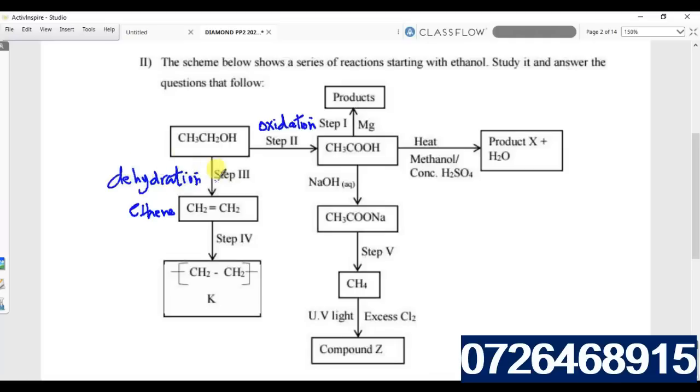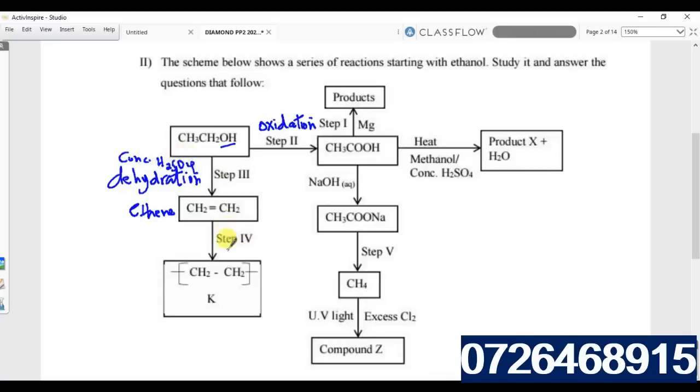Dehydration is the removal of water from a compound. So what has been taken away? This OH has been taken away to remain with the ethene here. The condition necessary for dehydration to occur is concentrated sulfuric acid.